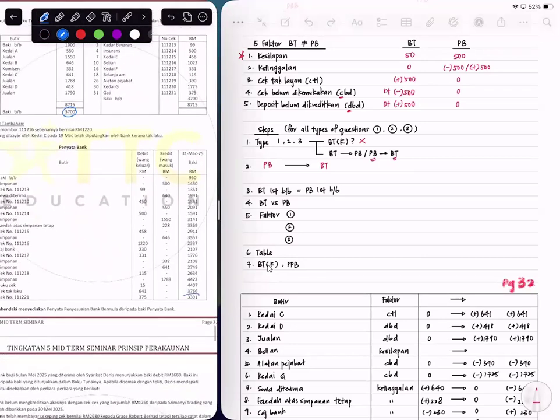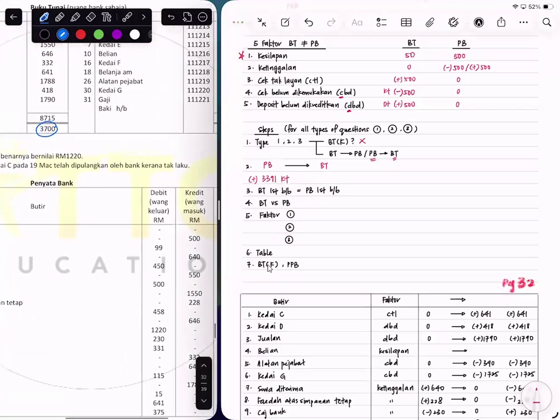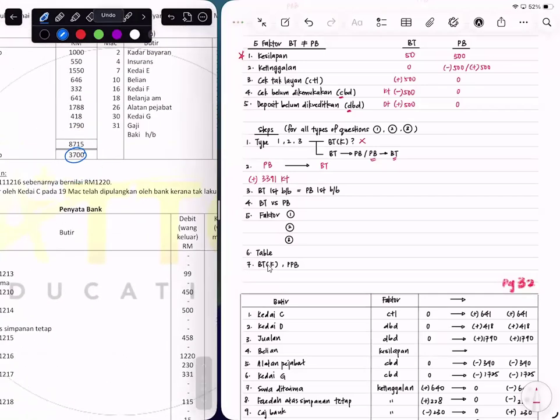Normally it would be Penyata Bank becoming buku tunai, but for this question, it should be Penyata Bank become buku tunai. So get the Penyata Bank last Baki into our workings here. We have to make sure we start working by 3,391, and it is positive in Penyata Bank. So it is Baki credit in Penyata Bank, and make it become the buku tunai value.